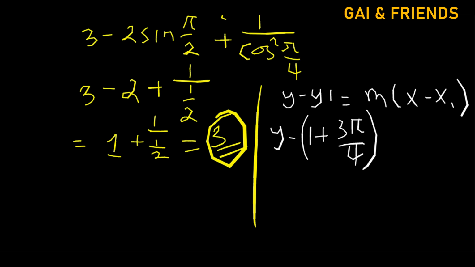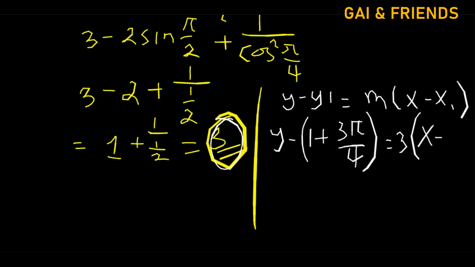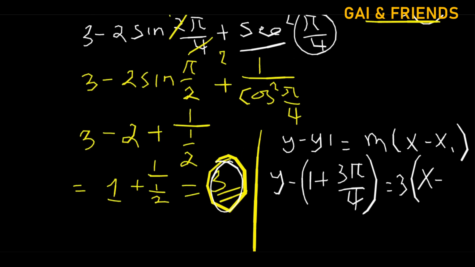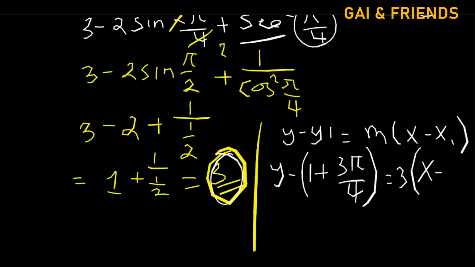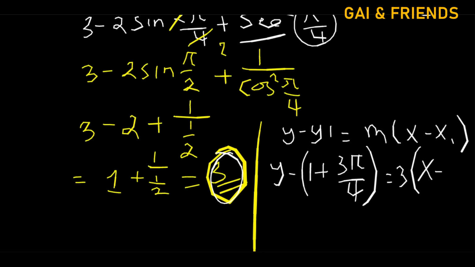And then the value of m, we found it here. It is 3. So it's going to be 3 outside x minus. I think we also found the value of x. Actually, we didn't find the value of x.